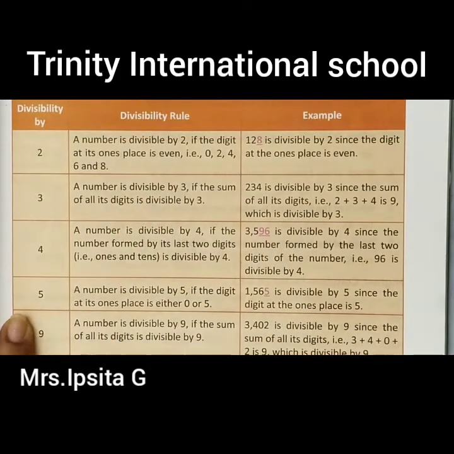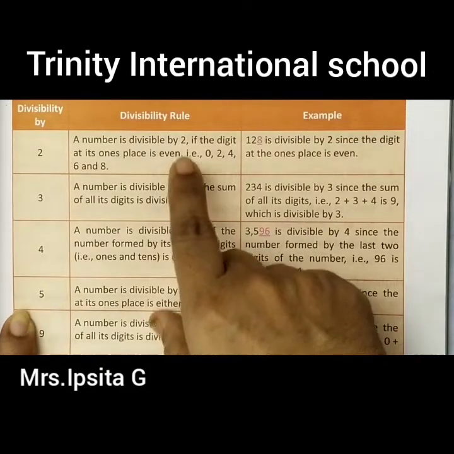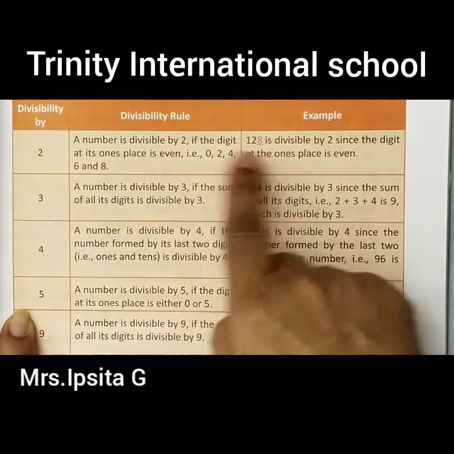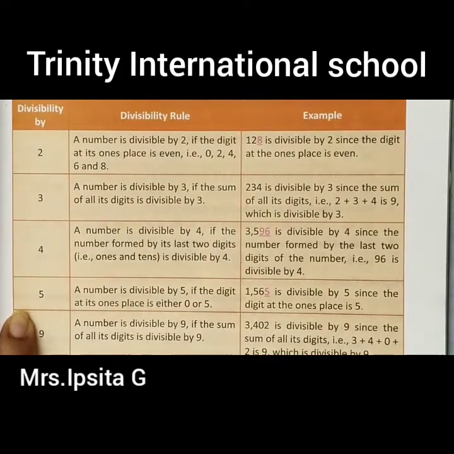Here in the divisibility rule it is written that whenever you have a number, any number, small number, big number, कोई भी number आपके पास हो, you have to look at its ones place digit. ones place के digit को आपको observe करना है और आपको यदि वंस के प्लेस में जो भी डिजिट है वो यदि यही डिजिट होगा 0, 2, 4, 6 और 8, तो आप डेफिनेटली कह सकते हो कि ये जो नंबर है, this number is divisible by 2.